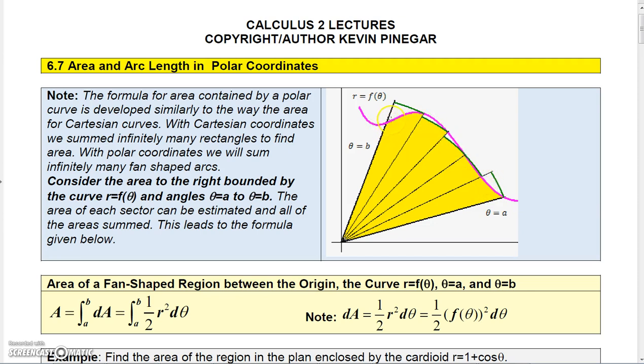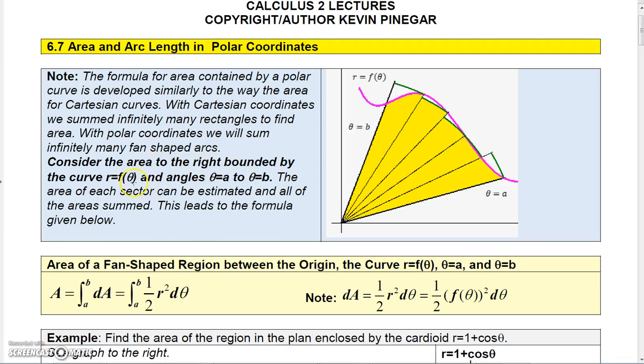When you add up these wedges, you get an approximation for the area of the curve that's spanned by that curve, so between theta equal A and theta equal B. And when we integrate, it adds up infinitely many of those, and so the limit actually becomes the actual area.